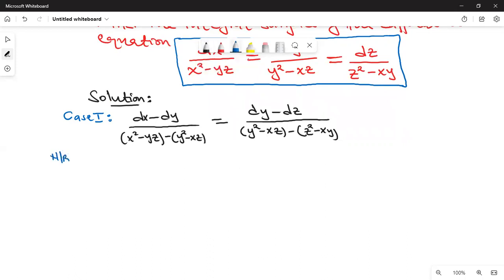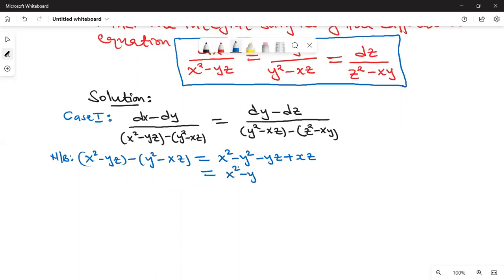Take note that x squared minus yz minus y squared minus xz is the same as x squared minus y squared, opening the bracket, then minus yz plus xz. Let this be one group.